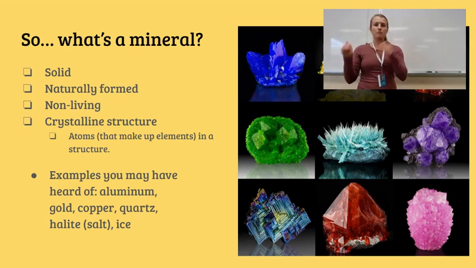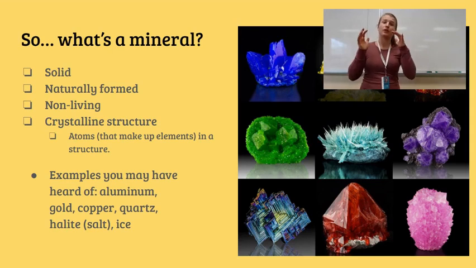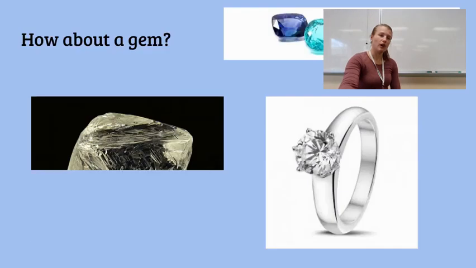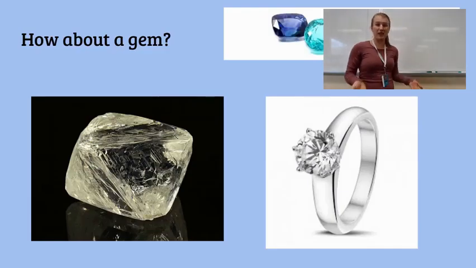All right, so we've got minerals, and if you take a bunch of minerals and put them together, that's when you get a rock. A lot of people also ask me at this point in class, so what's a gem? Just for your own knowledge, very quickly, a gem is basically just a fancy polished mineral.